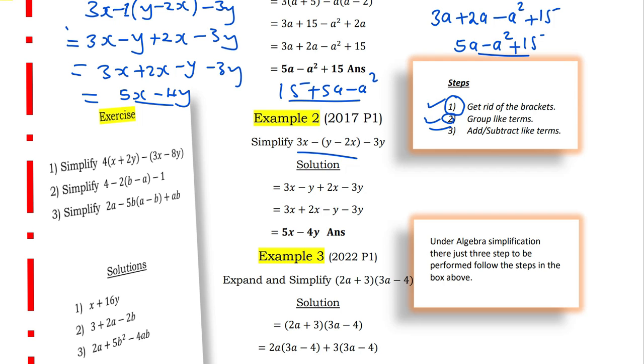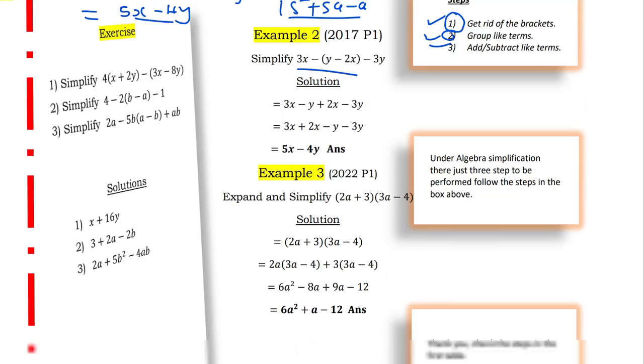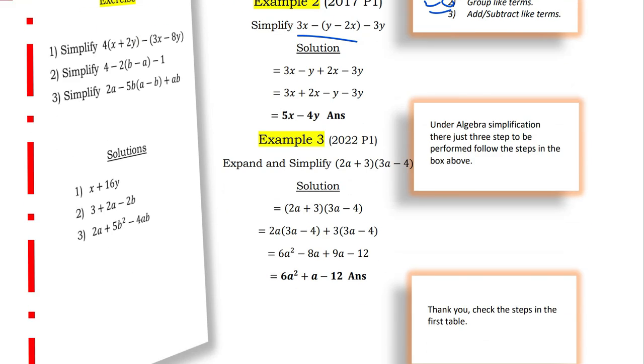Let's check out example number 3. Where's example number 3? It's right over here, 2022. Okay, so we've got (2a + 3)(3a - 4). The first thing that you need to do here is to get this first term.